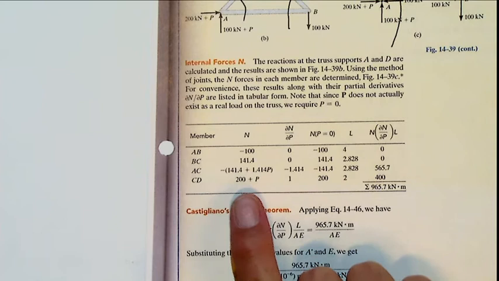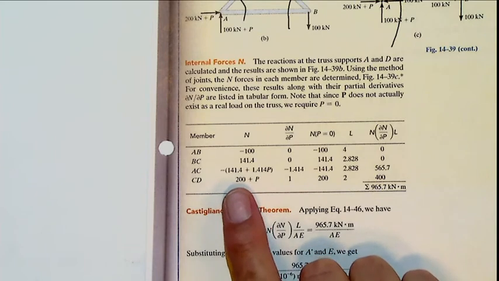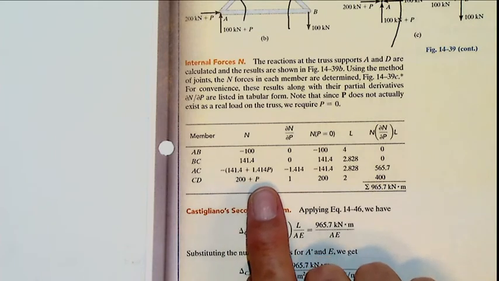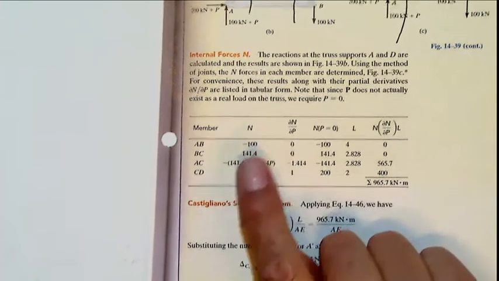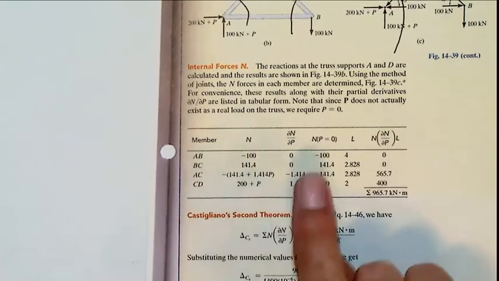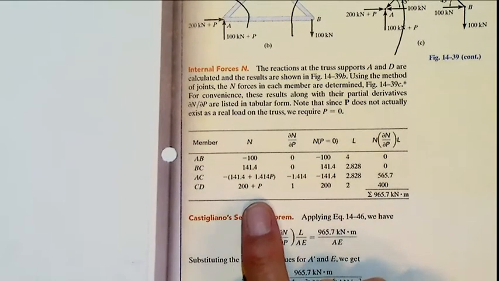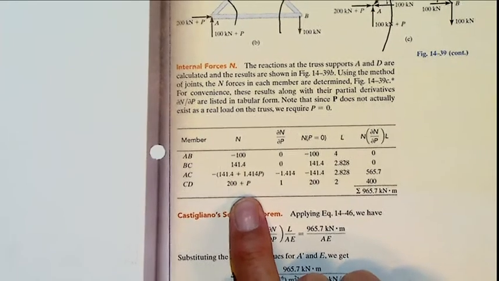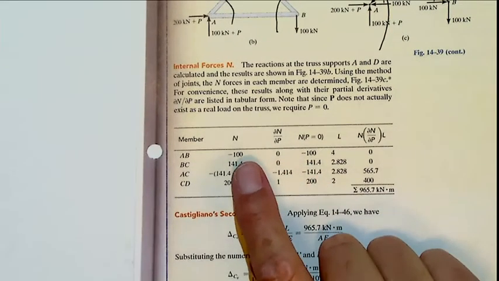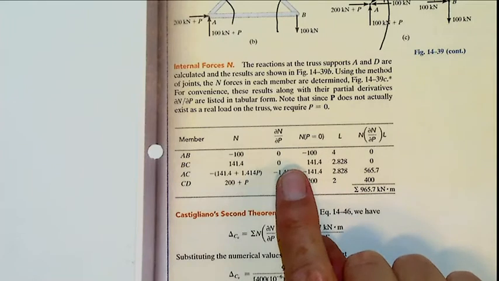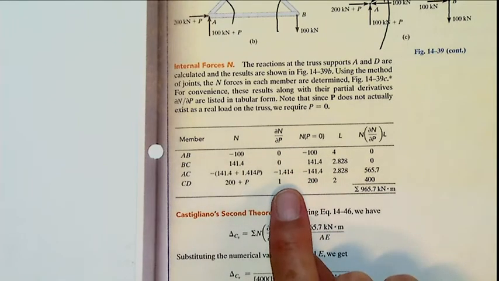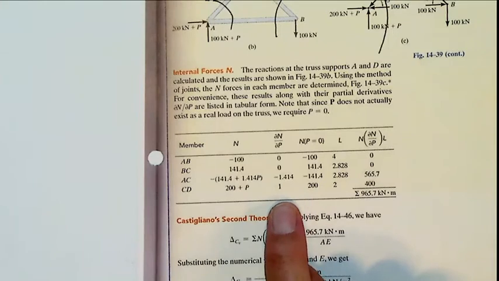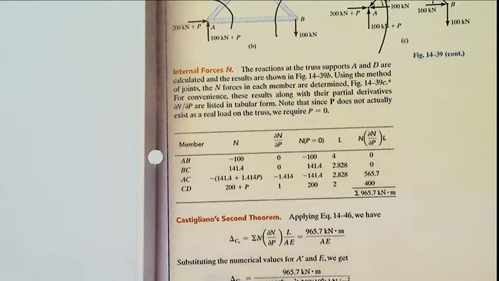In AC, minus 141.4 plus 1.414P. That is the load due to both. CD equals 200 plus P. Now, the derivative of this expression equals 0. Derivative of this equals 0. The derivative equals minus 1.414 with respect to P.